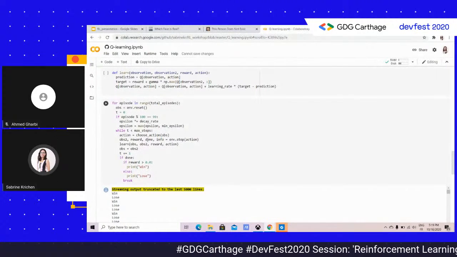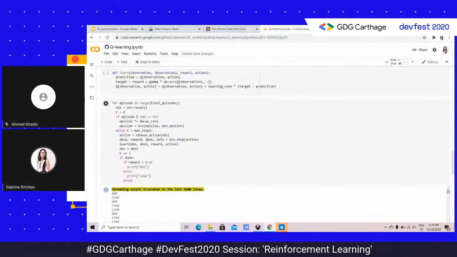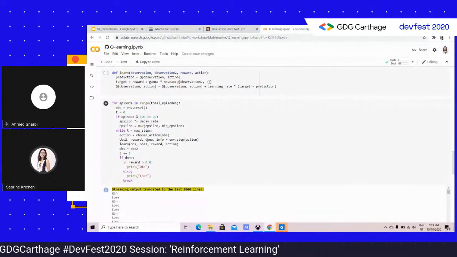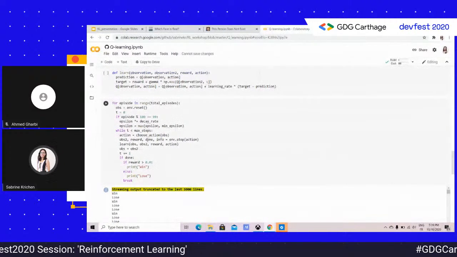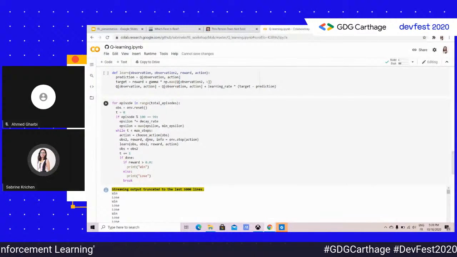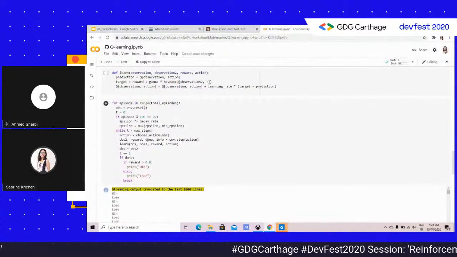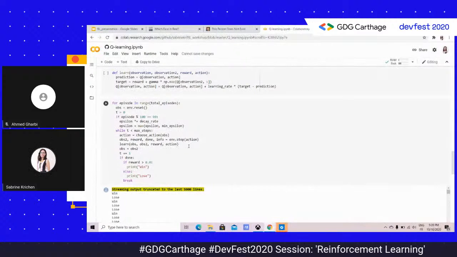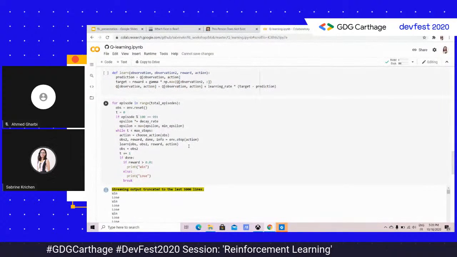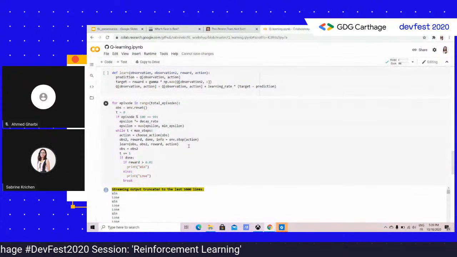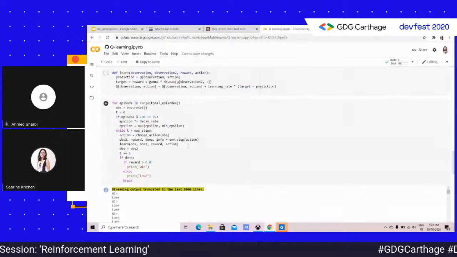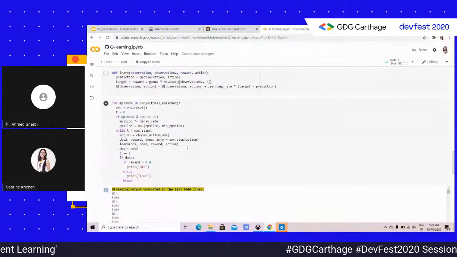And by done, we mean whether the agent is in his final state or not. And of course here the agent will learn, and he will update the different Q values in the Q table.